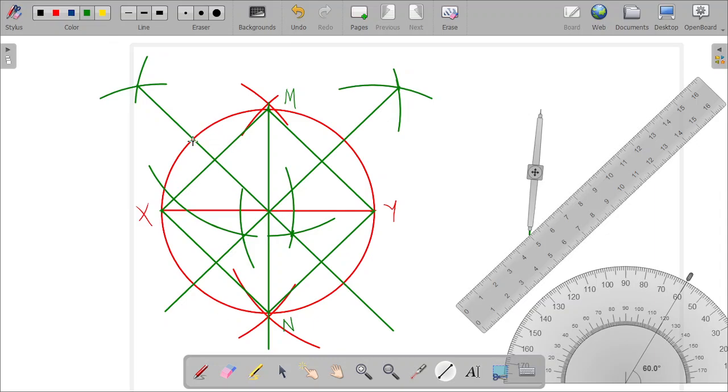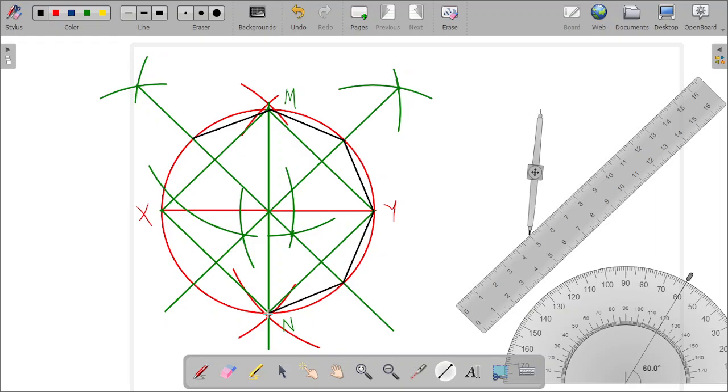Let me use a different color marker. Let me use black. So I'm joining this to this. That's one. This is two. This is three. This is four.